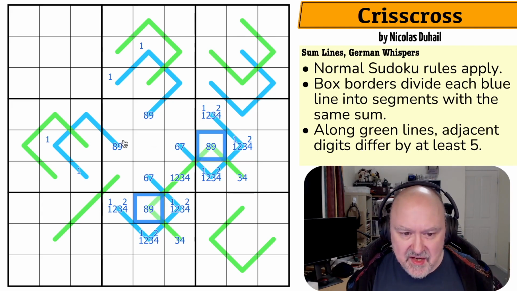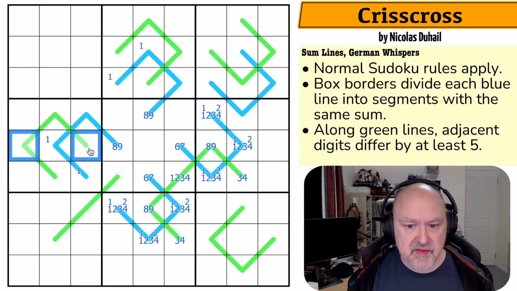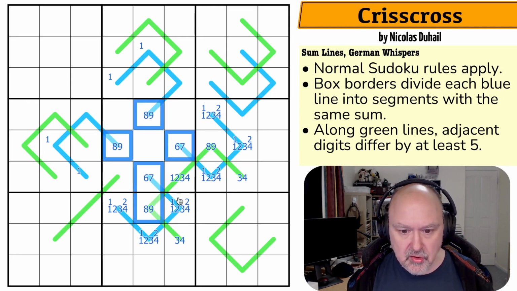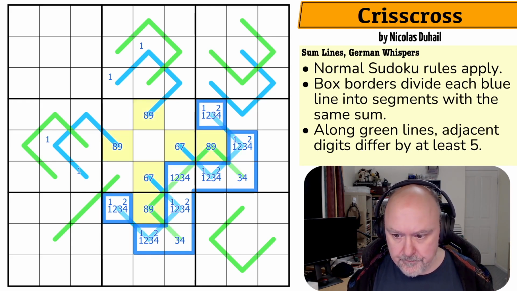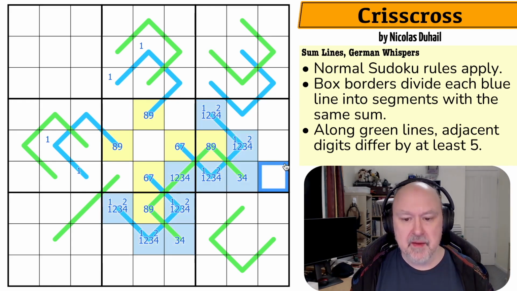So now I get 8, 9 pairs in these rows, but these now must be the low digits. So let's color high-low. I'm just going to start coloring high-low because there's a lot of high-low going on because these must be high. All of these must be low. And I use yellow for high and blue for low because there's a lot of contrast between those.